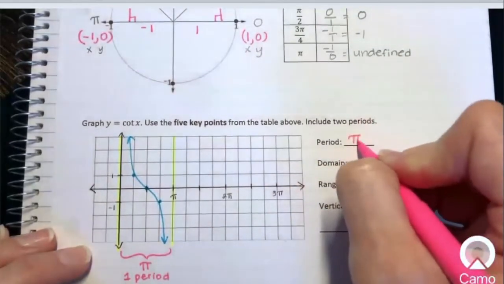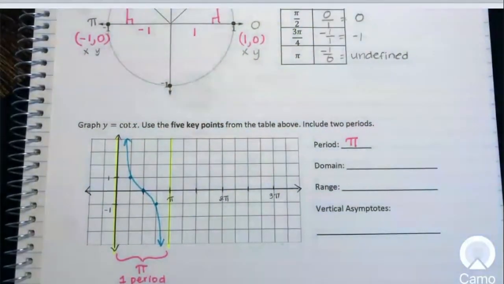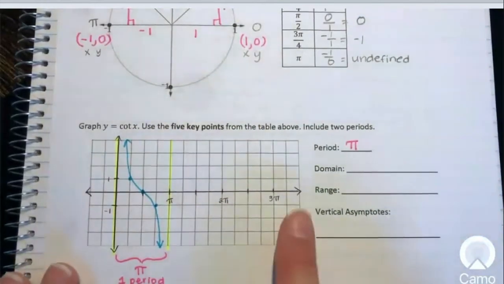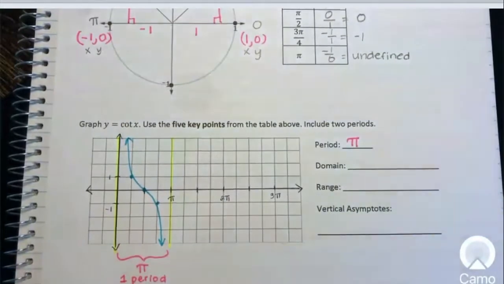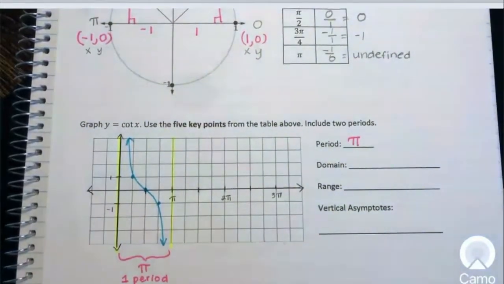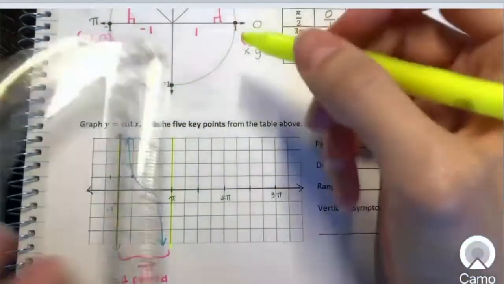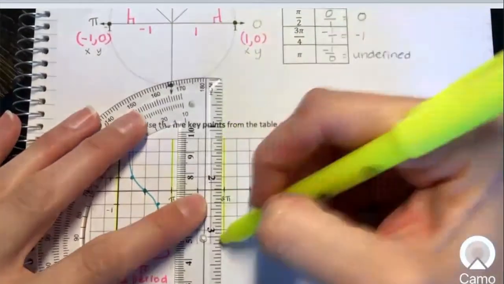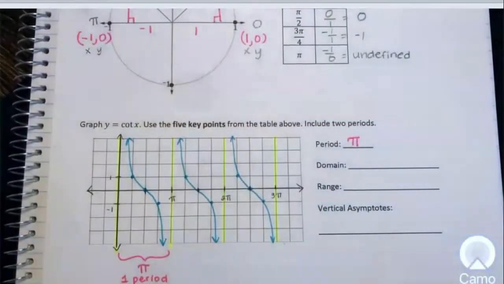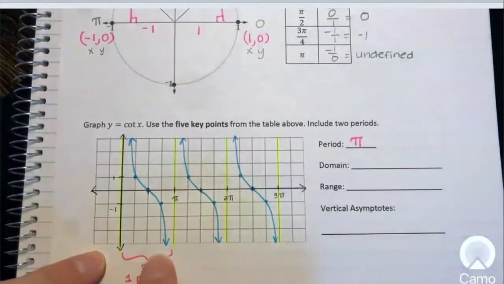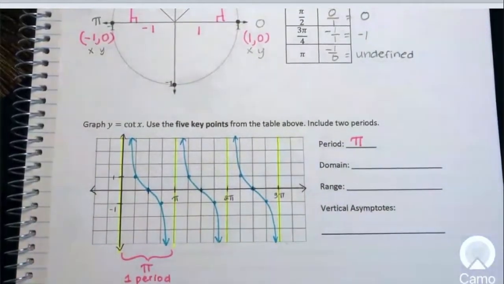So the period is pi, and we can see that our domain is all of our x values except the ones that have asymptotes. So if I go ahead and draw another period, we can kind of see where these asymptotes will keep reoccurring. We can see that the asymptotes will occur every pi units away from 0, pi, 2 pi, 3 pi, and so on.